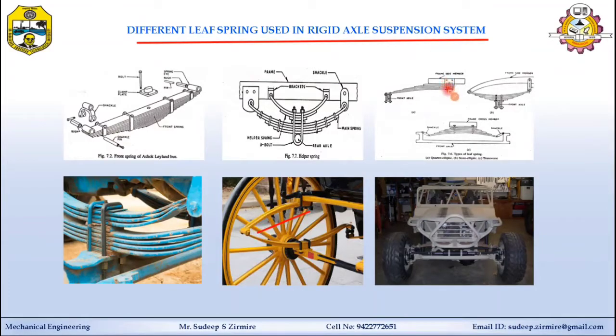It reduces the weight, and earlier it was used, but the most common is the semi-elliptical type. Here you can see the semi-elliptical type leaf spring. For better performance, a vehicle needs a semi-elliptical type leaf spring. And the third one: this is the quarter elliptical, this is semi-elliptical, and the third one is the transverse type.